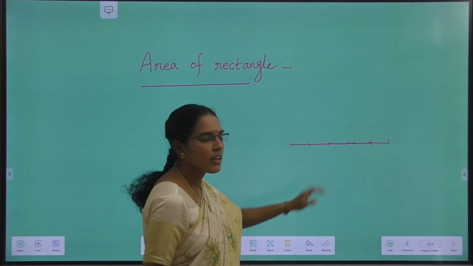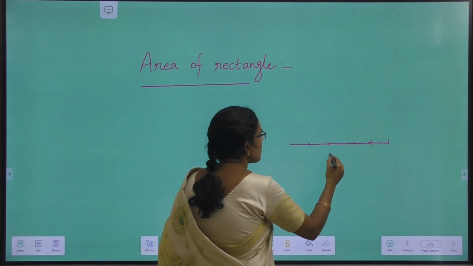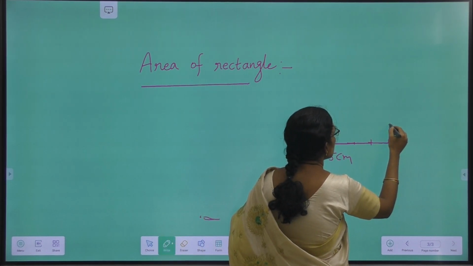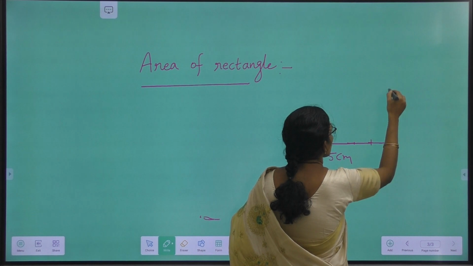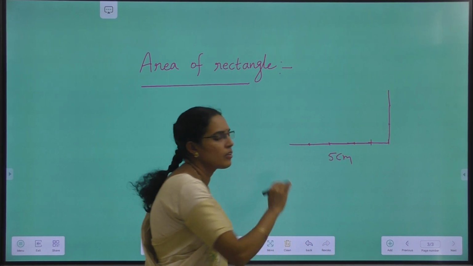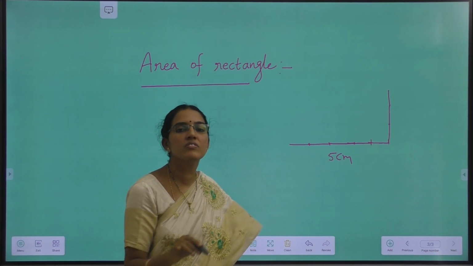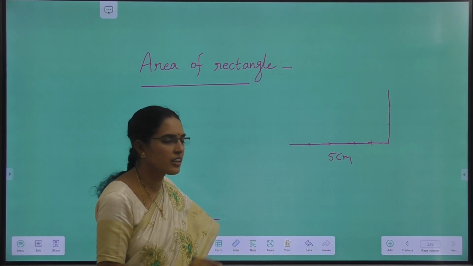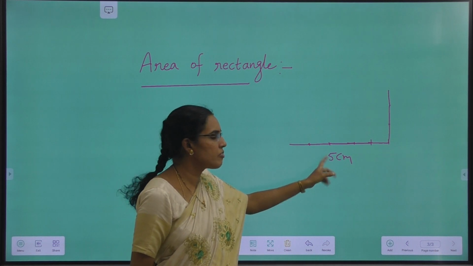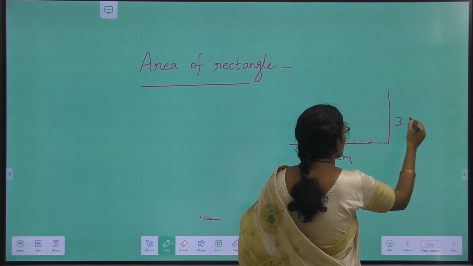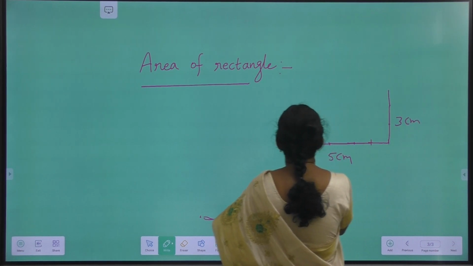Length of the rectangle I am taking 5 centimeters and breadth of the rectangle I am taking 3 centimeters. If you draw this rectangle on a graph sheet, observe how many squares it is occupying.